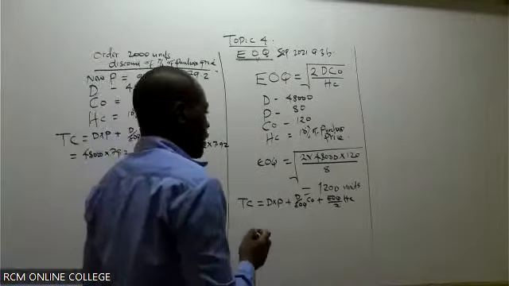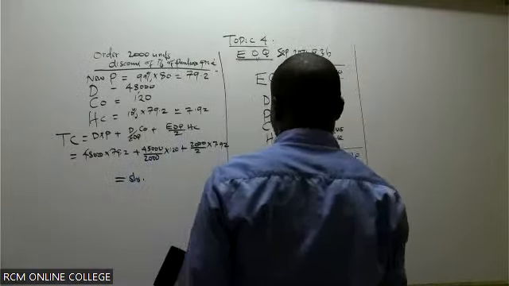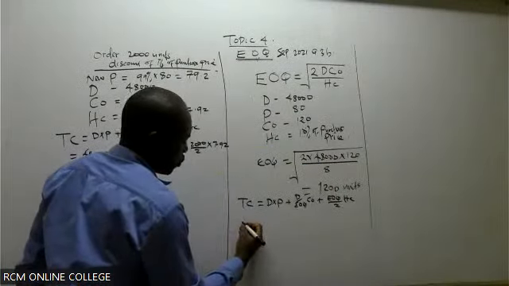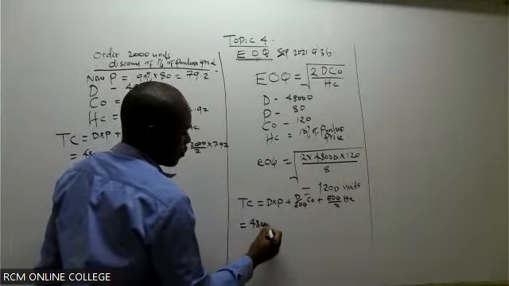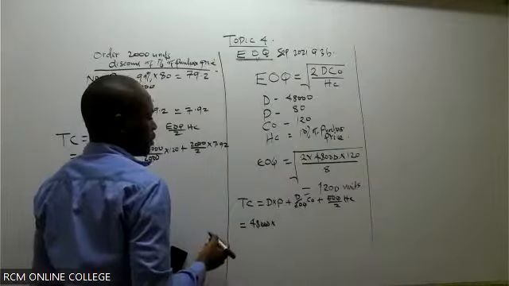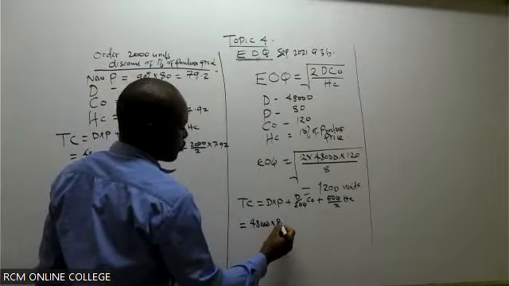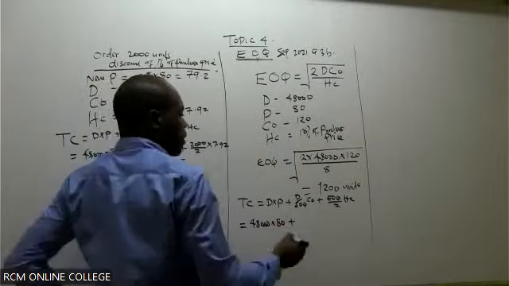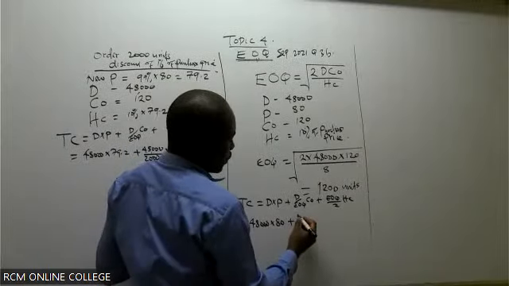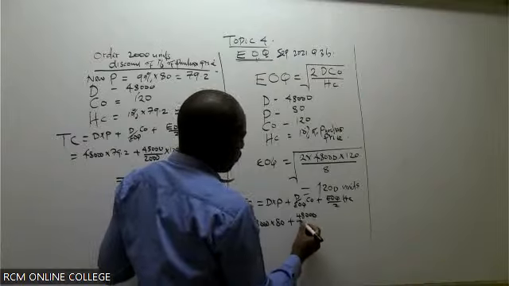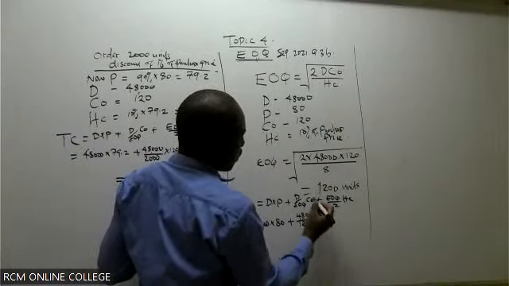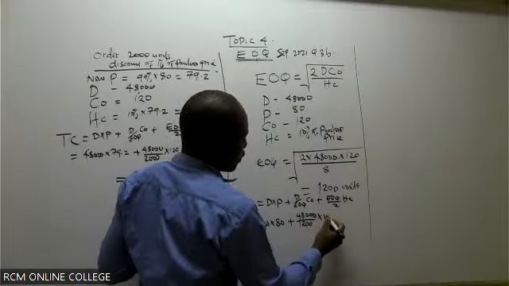I will come and do the same for this one here. So total cost is equal to demand, which is 48,000, multiplied by purchase price, which is 80, plus demand, 48,000, divided by economic order quantity, which is 1,200, times ordering cost, which is 120.